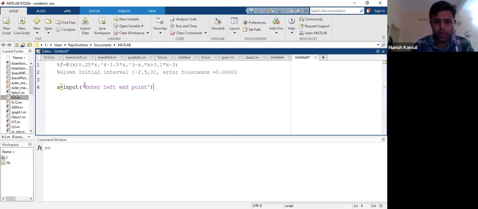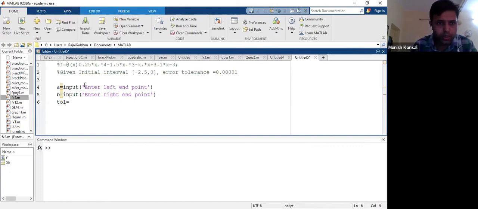So this is the first line. Then you input your right hand point, enter right hand point, right? So once you enter a and b, now you will write down the tolerance.